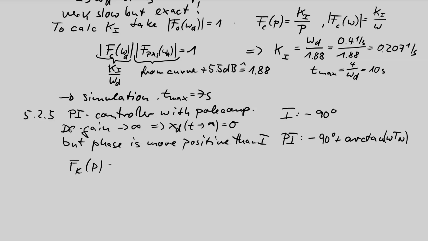FC of p is, I just copy the transfer function, has a 0 in the numerator and 1 plus pt term, and with this we can compensate a pole of the process. Pole compensation means Tn then is set to the time constant of the process.